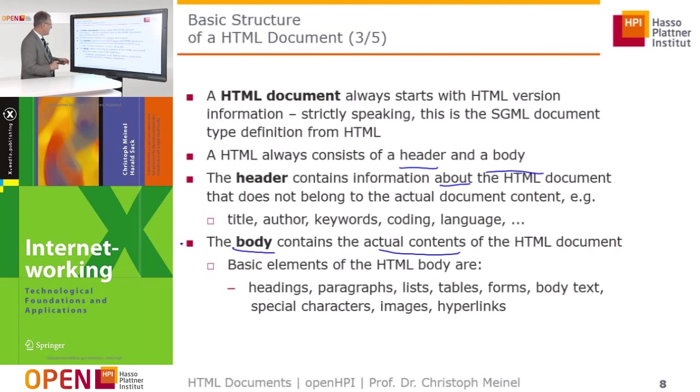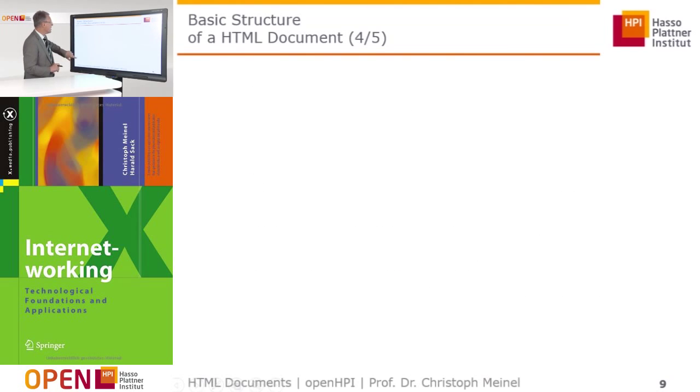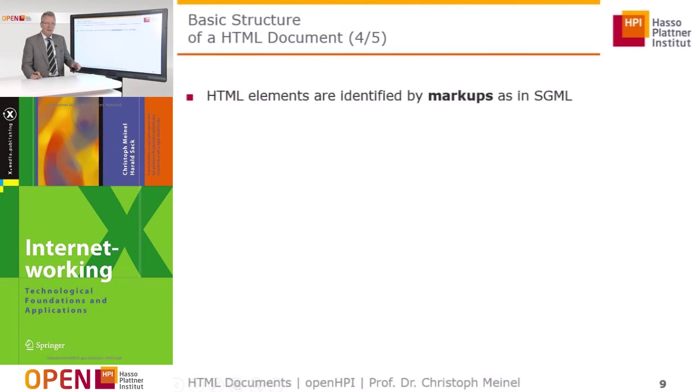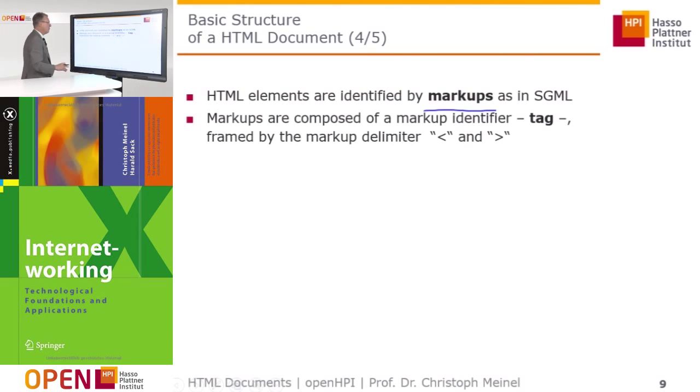These are the special elements of the body of an HTML document. Like in SGML, the HTML elements are identified by markups. That's a reason to call it a markup language.